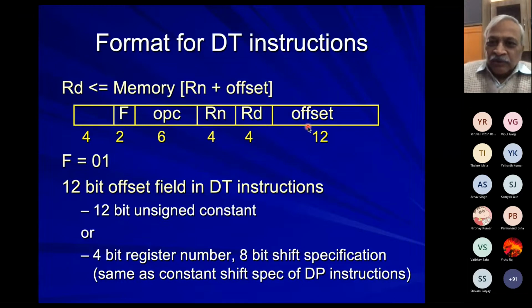So you will specify a 4-bit register address, and the 8 bits could specify one of the shifts and the shift amount either as a constant or in a register. But unlike the constant part which we saw in DP instruction, where you had 8 bits and 4 bits specifying the rotation amount, here you have no rotation. Straight away you can specify a 12-bit offset.